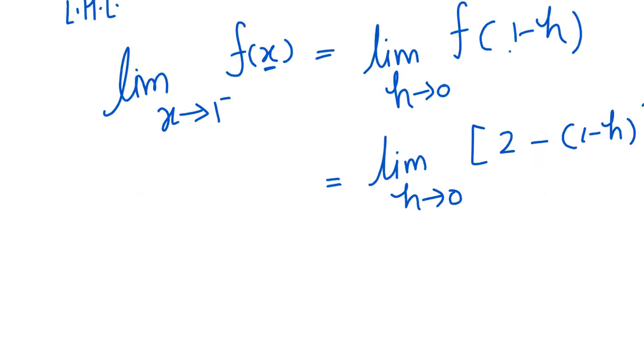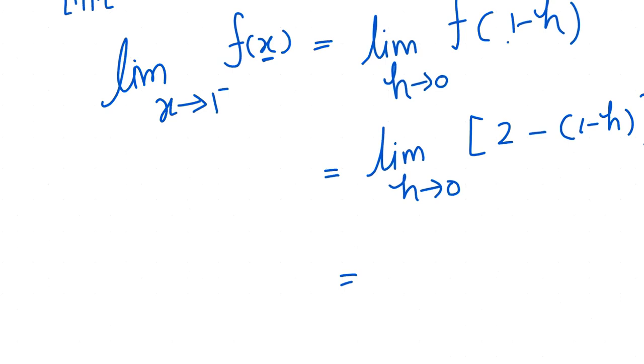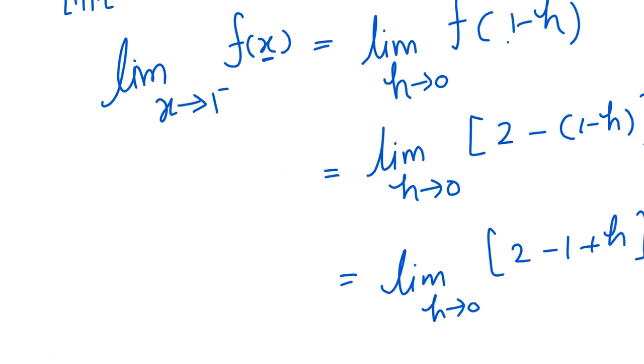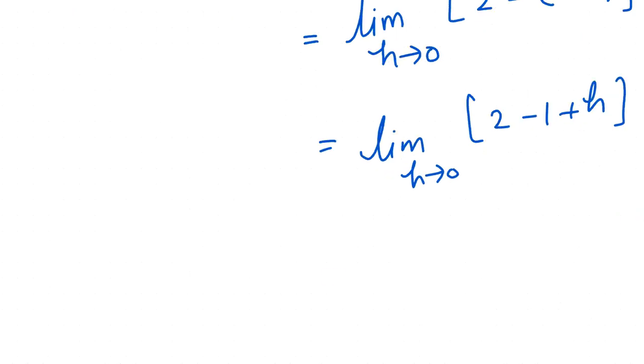So now we will have limit h tends to 0 of 2 minus (1 plus h). So now let us put the value of h. 2 minus 1 is 1, and plus 0, it is 1.